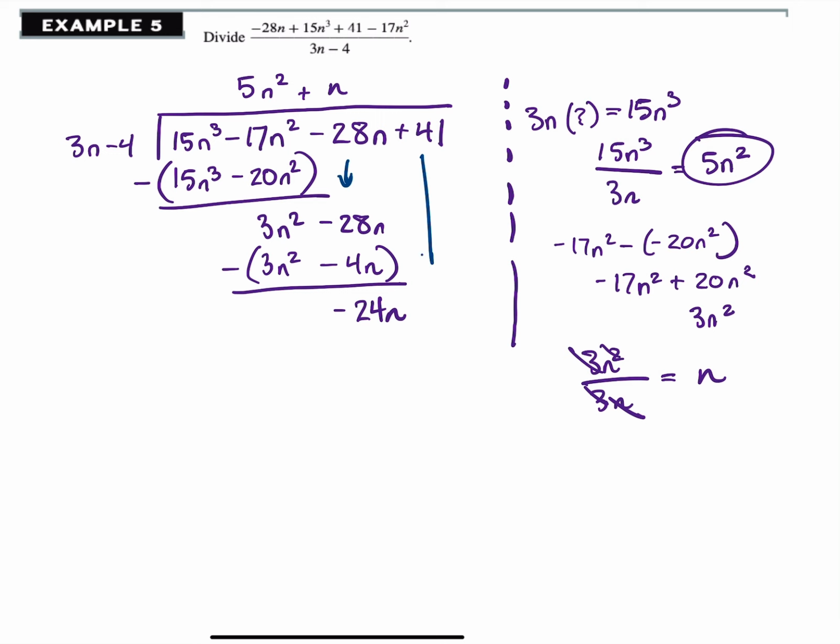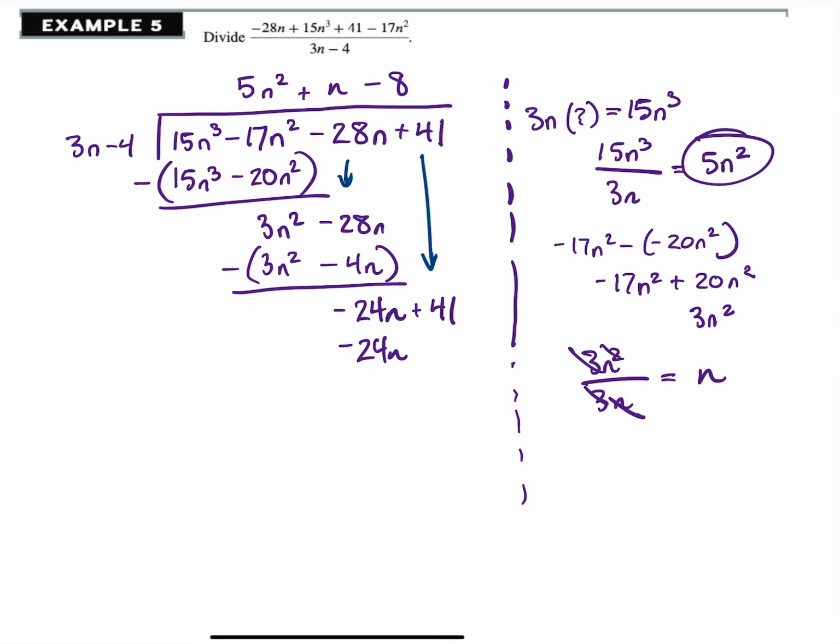Now let's drop down our next term, 41. And then repeat the process. 3n times something should give me negative 24n. So I need a negative for sure. And I know 3 times 8 is 24. So negative 8. And I already have the n, so we don't need to add another n in there. So multiplying that through, negative 8 times 3n gives us the negative 24n.